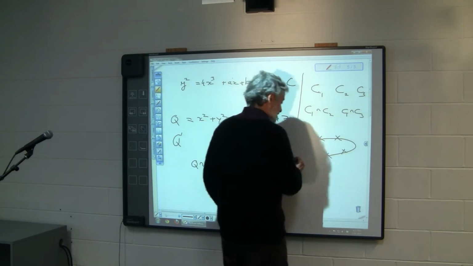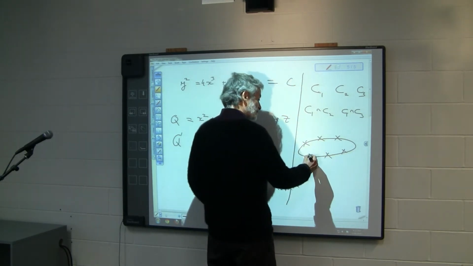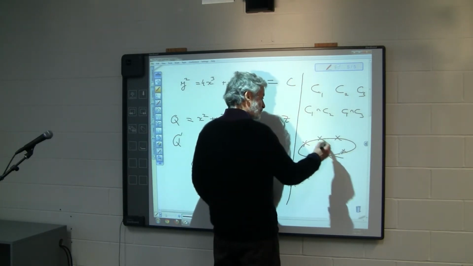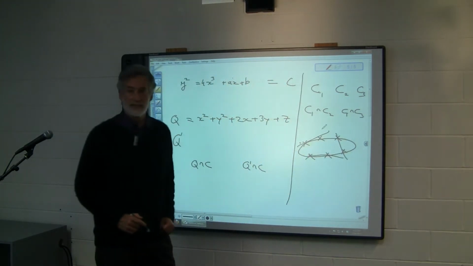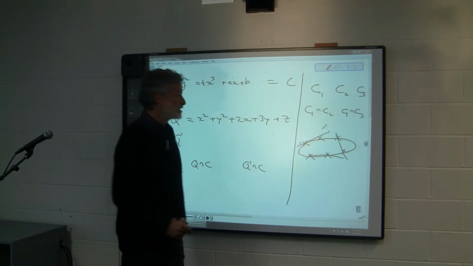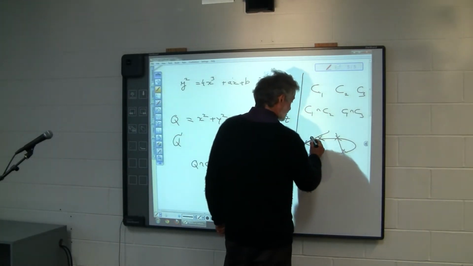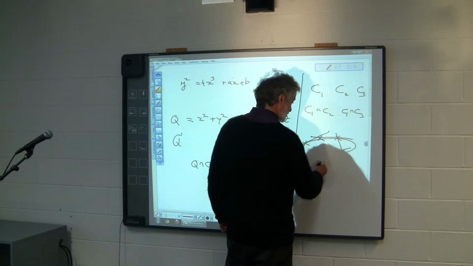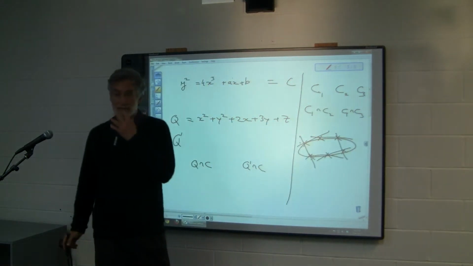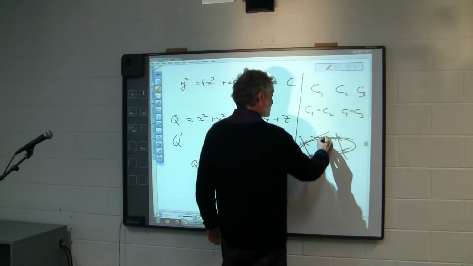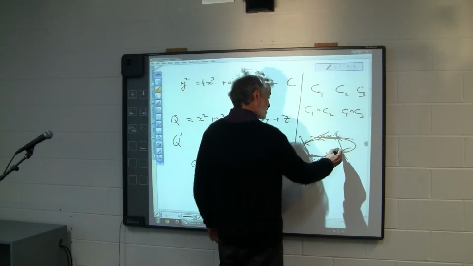Okay, let's do this. So this is cubic 1, passes through these 6 points, and here's cubic 2. Let me somehow draw them differently.